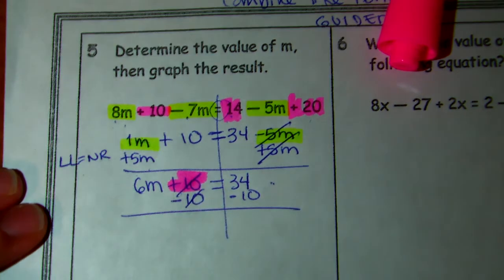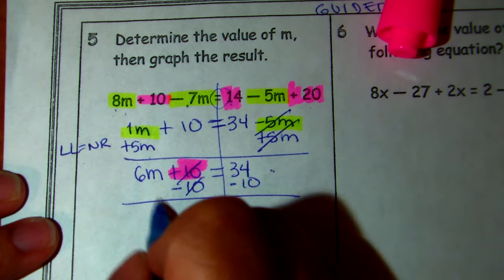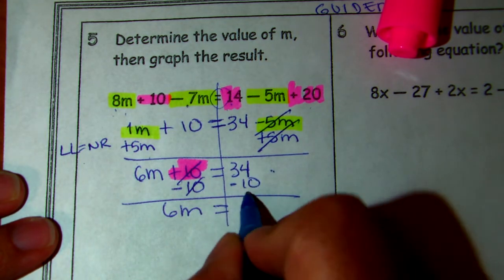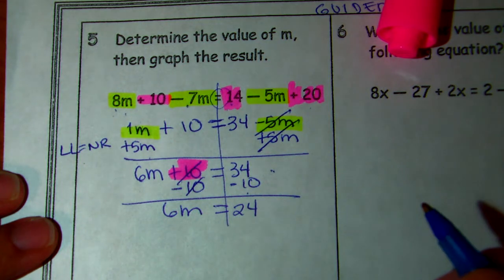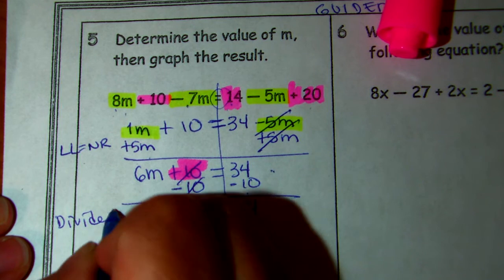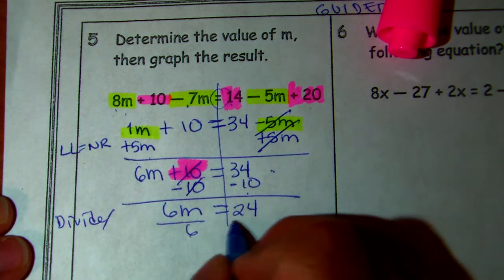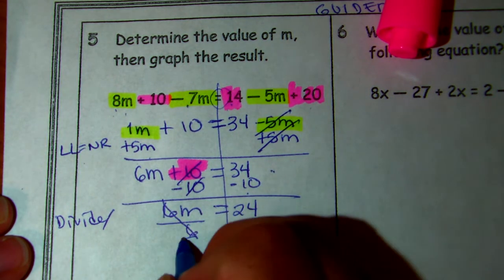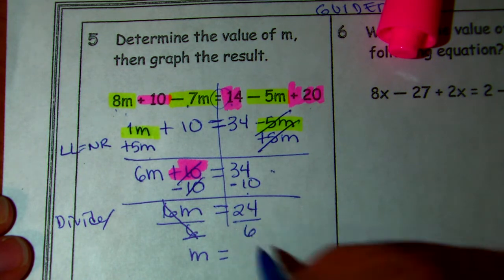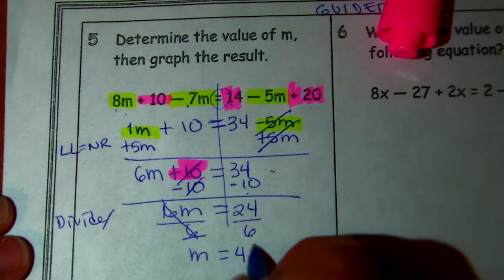These two get canceled. So bring down the 6m, bring down the equal sign, and 34 minus 10 gives you 24. What is our final step? Divide, divide. So divide by 6, divide by 6. This becomes a 1, and m equals 24 divided by 6 is 4.